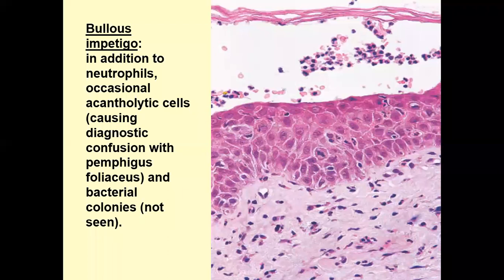So there is little doubt in the clinical diagnosis of the two conditions. But just remember that in bullous impetigo, we can find acantholytic cells in the blister cap.